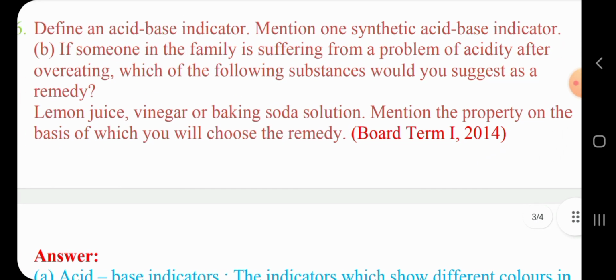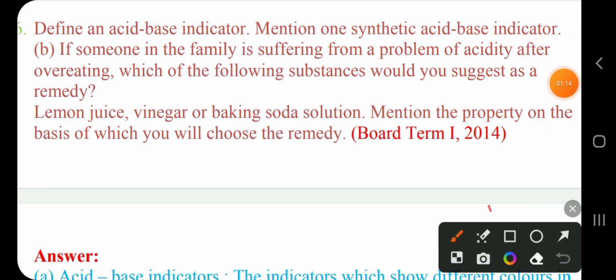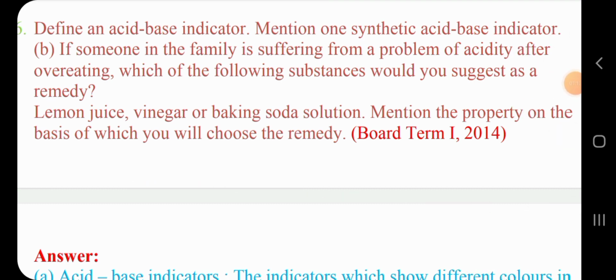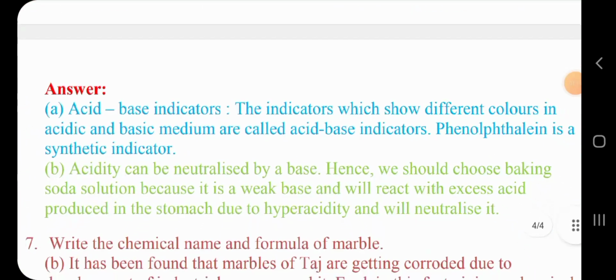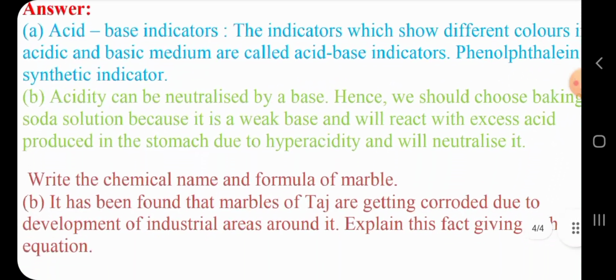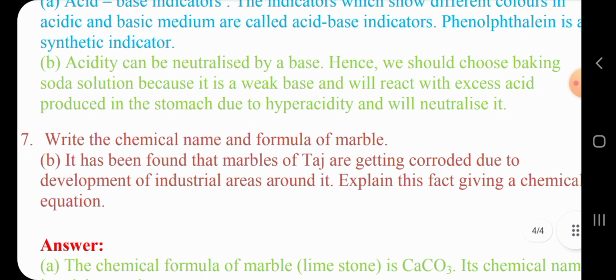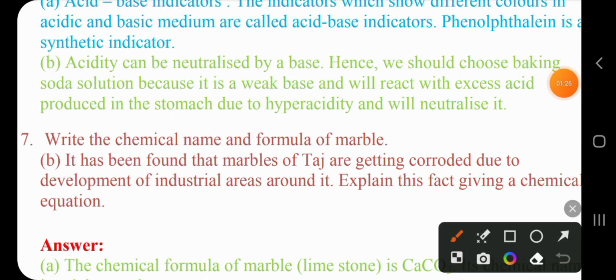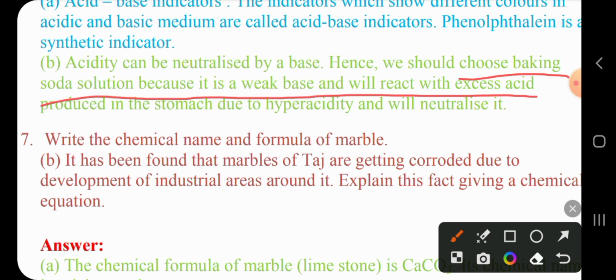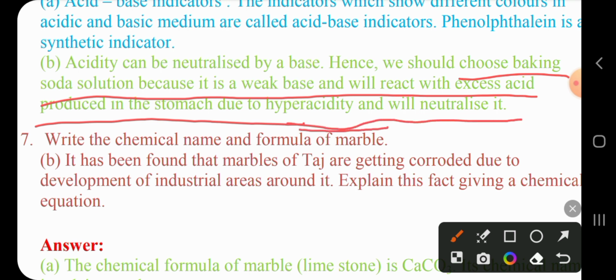Why? Because the baking soda formula is NaHCO3 and it is basic in nature. It is a weak base that reacts with excess acid produced in the stomach due to hyperacidity, and will neutralize it.